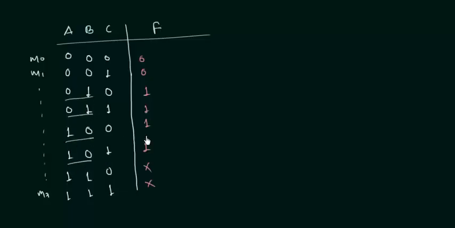As you know, XOR is an odd ones detector, and in A and B the output is true when the number of ones is odd. Therefore I can write for this case the function f is equal to A XOR B. Okay, I think it is clear for you.